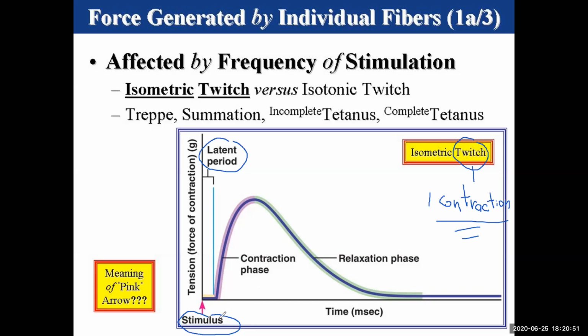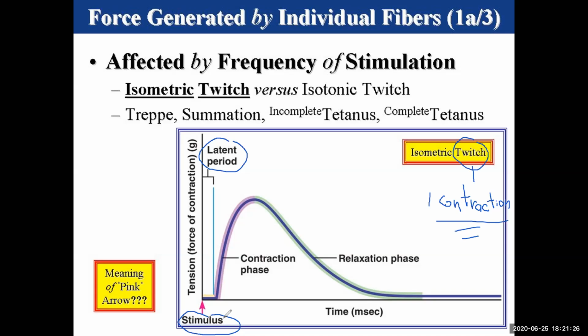As you can see, if you apply a stimulus here, it means you are applying a depolarization signal. And remember from the previous lecture, this is excitation-contraction coupling. It takes time for that action potential to be formed, because when you apply that depolarization, that's the equivalent of the end plate potential.